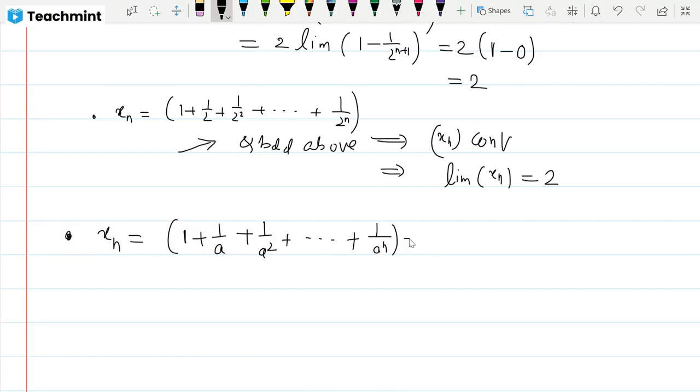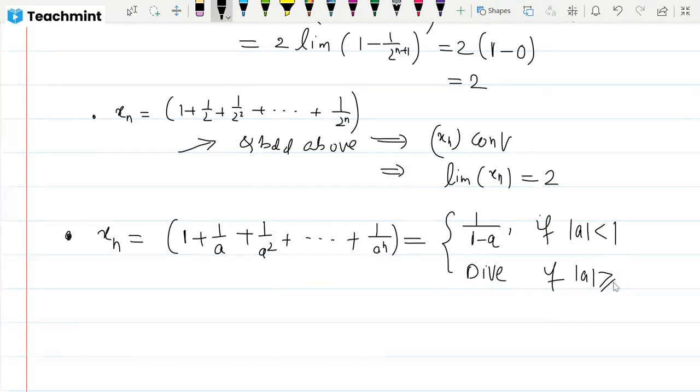This sequence converges, and converges to 1 by 1 minus a, if modulus of a is less than 1, and diverges if modulus of a is greater than or equal to 1. Okay, is this clear, or do you require proof for this?